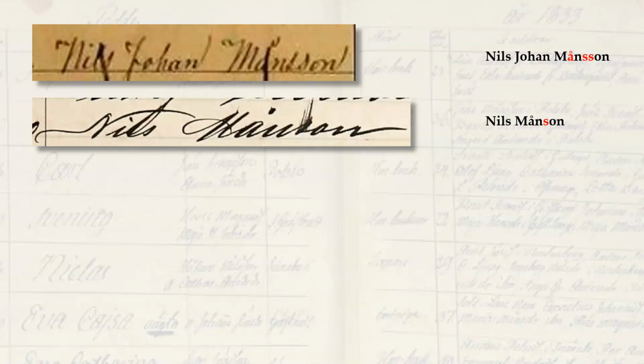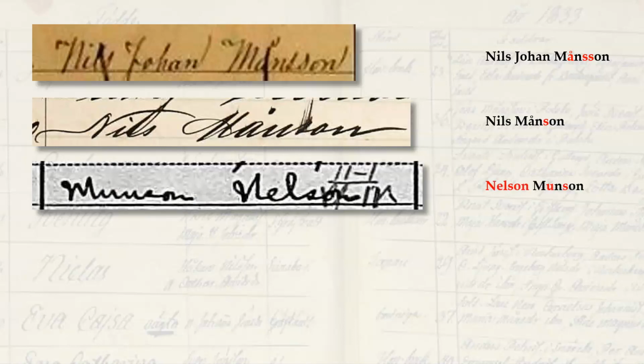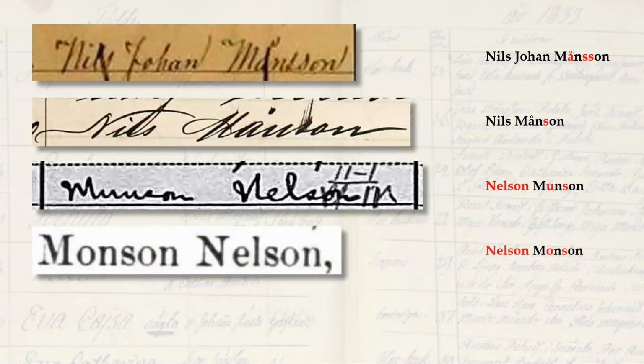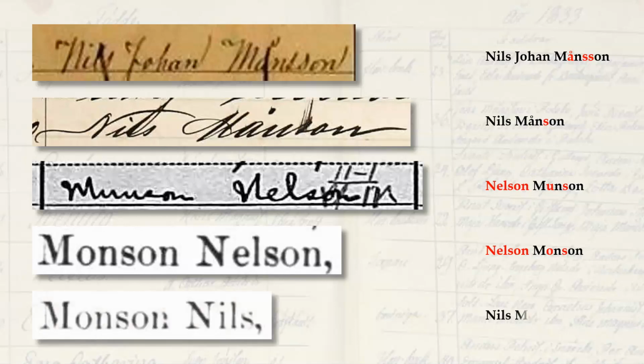When he was living in the United States, he was listed in the census as Nelson Munson with a U and 1 S, also Americanizing his first name to Nelson. In the city directory for the same year as that census, he was listed as Nelson Munson spelled with an O. A few years later, I found him listed as Nils, seemingly reverting back to his Swedish name.